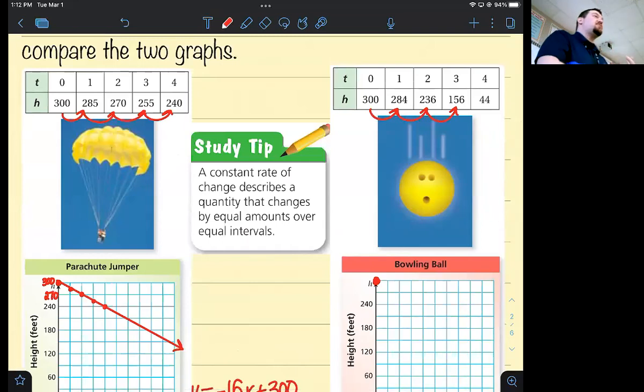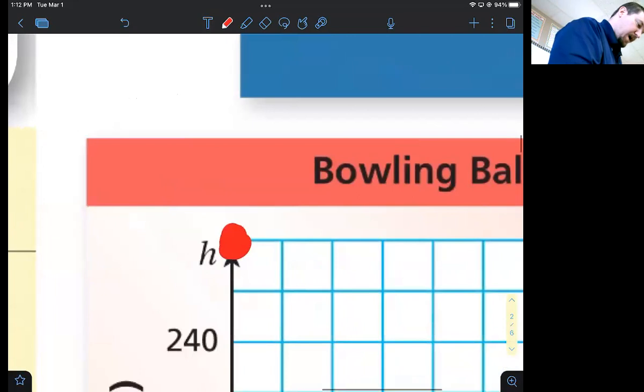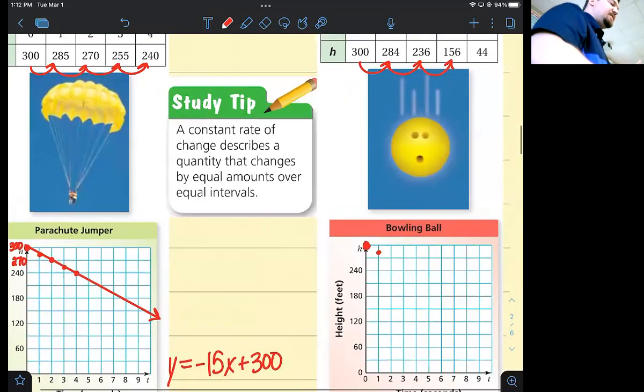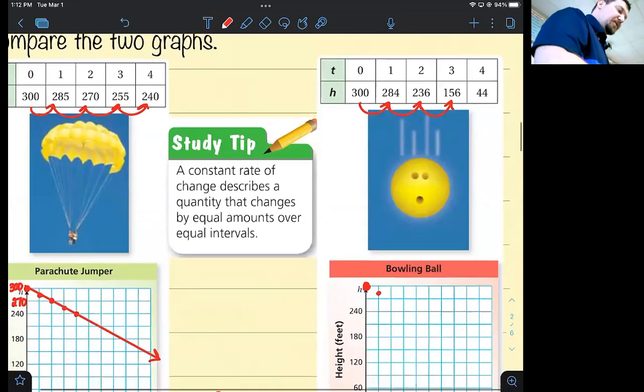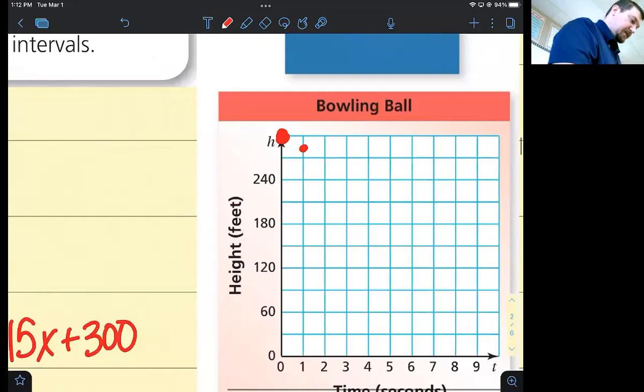Now, what's interesting is that the parachuter and the bowling ball are actually pretty close 1 second in. Parachuter's at 285, bowling ball is at 284. It's seconds 2, 3, and 4 where you start to see that big difference. At 2 seconds, we're at 236.